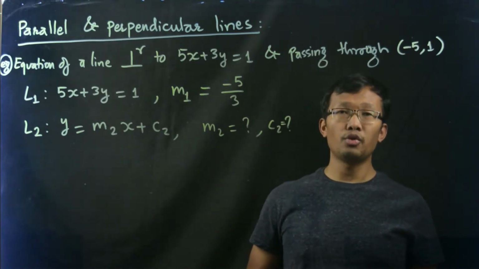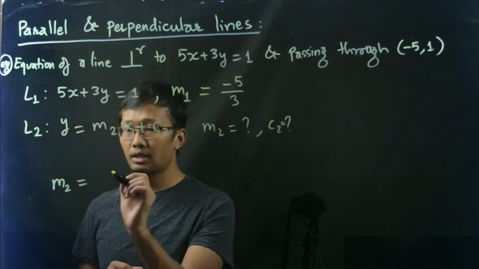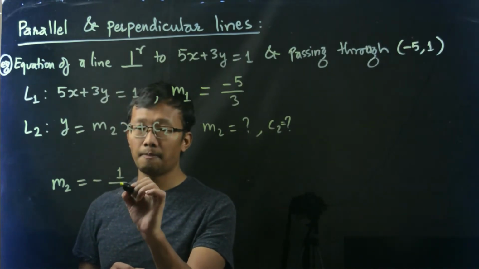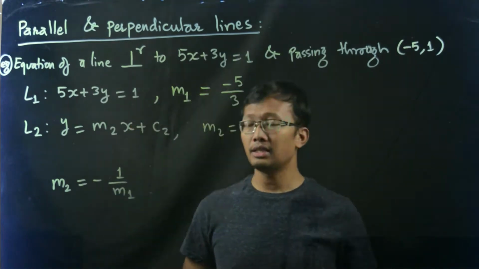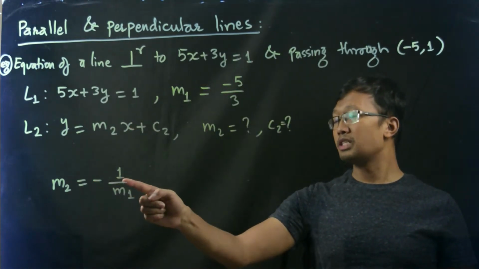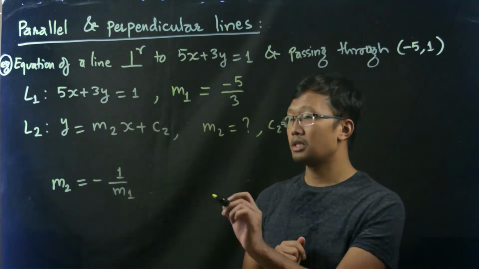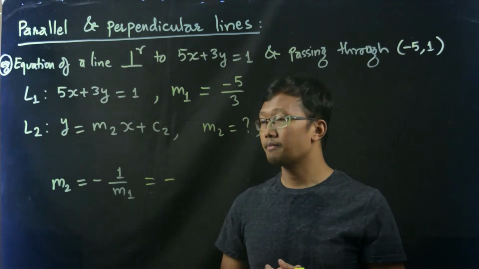Or we might want to write m2 equals -1/m1, that is, the opposite sign of the reciprocal of the first slope.